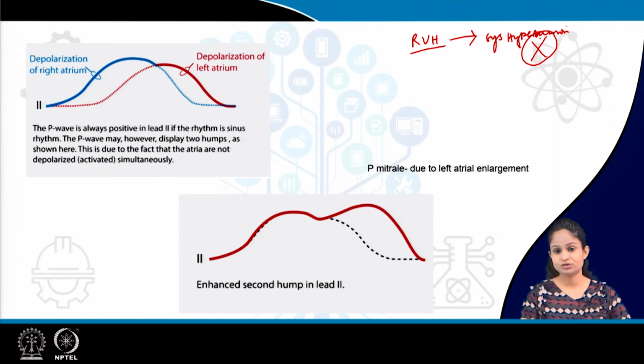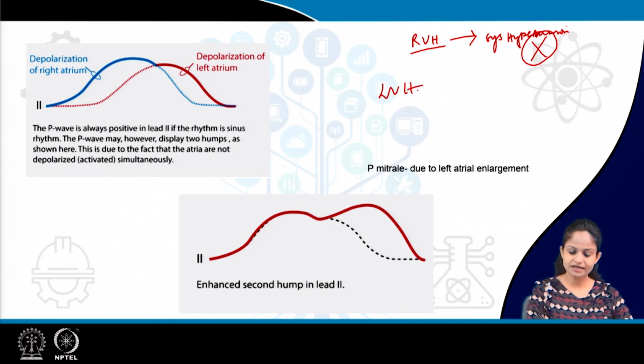Right ventricular hypertrophy is usually related to lung pathology, where the resistance in the lung vessels is increased, or you get pulmonary hypertension. So, left ventricular hypertrophy as well as left atrial enlargement we see mainly in systemic hypertension.